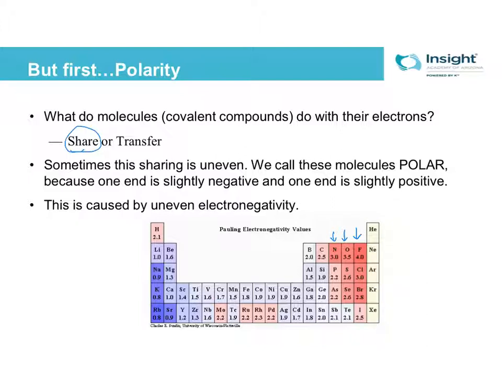So, for example, if you've got hydrogen and oxygen bonded together, the electrons are probably going to be around the oxygen most of the time, which makes this end of it kind of negative and this end of it kind of positive. You don't have full charges, which is why it's still a covalent bond, but the oxygen tends to get the electrons more often, so there's a slight negative pole on the oxygen end of things.